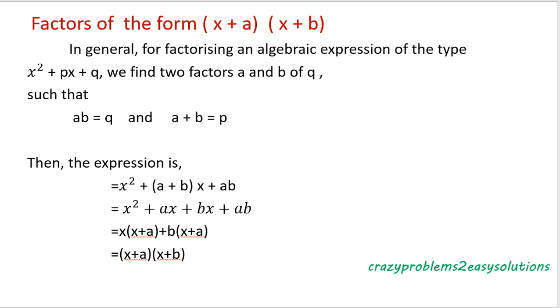That means we have to find two factors a and b whose sum is p and whose product is q. Here p is the middle term coefficient and q is the last term. In x square plus (a plus b) into x plus ab, we multiply ax and bx, take out the common terms, and the final factors are (x plus a) into (x plus b).